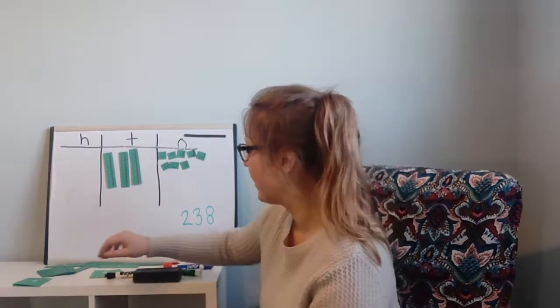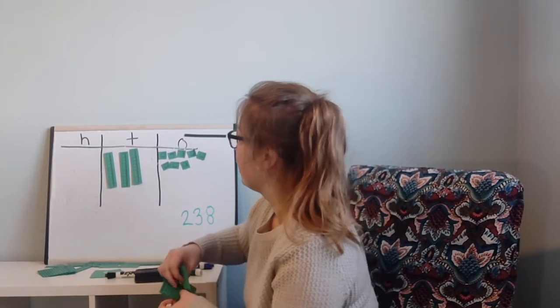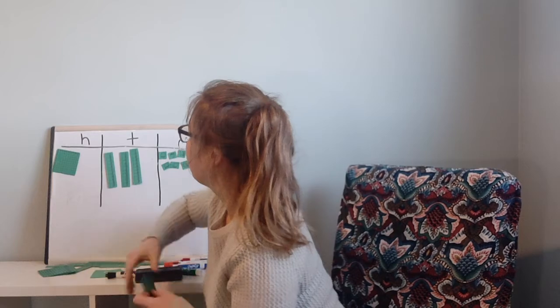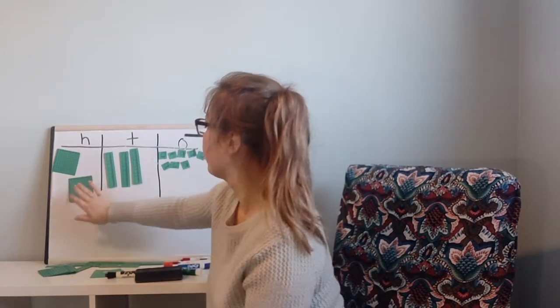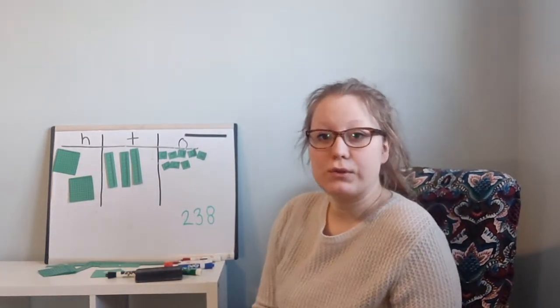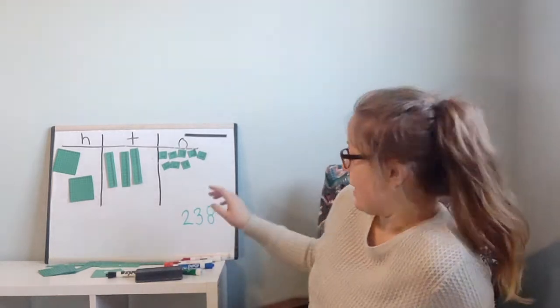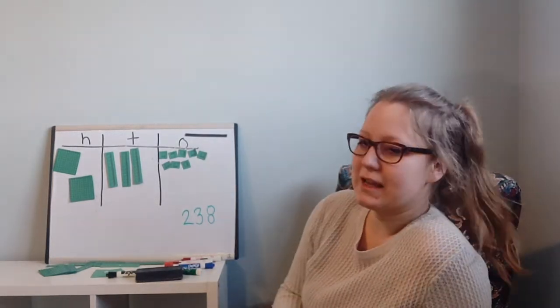And I have a 2 in the hundreds place, which means that I need to have 2 groups of 100. 1, 2. So I have 238 written out in the numerals, and I have 238 with my base 10 blocks. Yours should look like this as well.